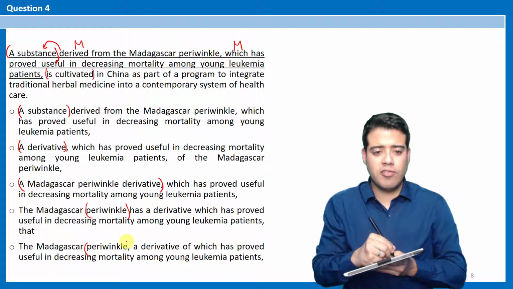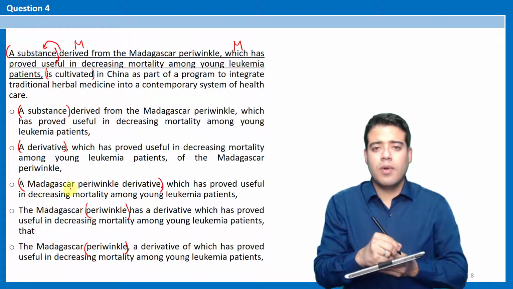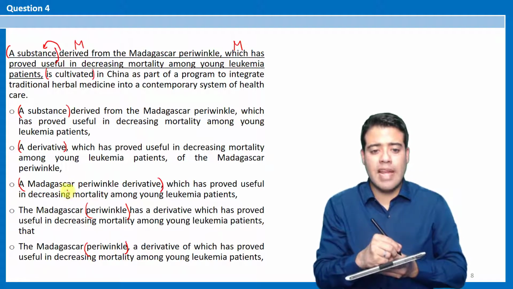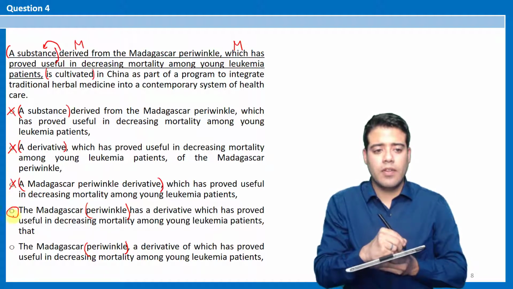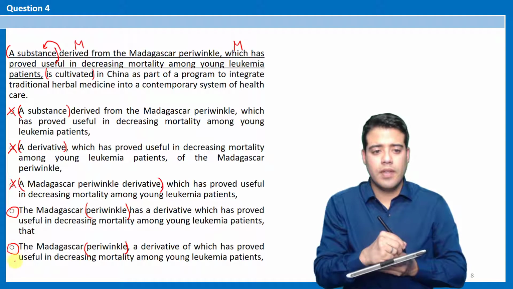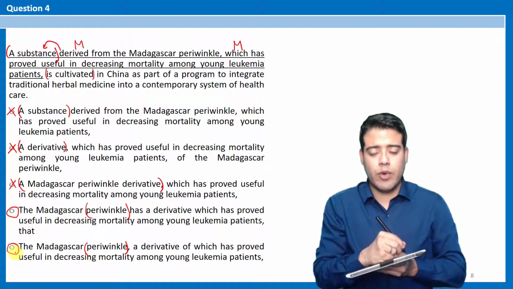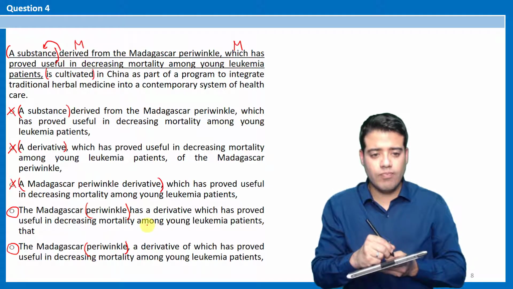Well, which one makes more sense to you? You need to cultivate some sort of plant. It cannot be A, B, or C. You need D or E. So the periwinkle has a derivative. Okay, very good. Now between those two, which one is better?